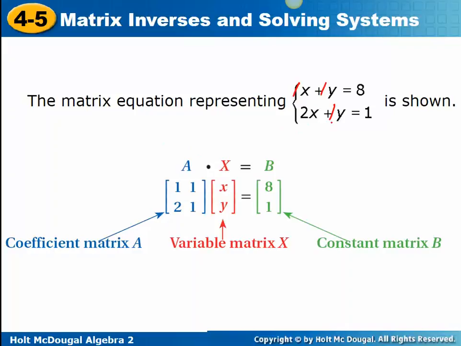If there's no number there, it's a 1. So 1, 1, make sure it's in standard form, x, y, and then the number. And the bottom row would be 2, 1, because 2 for the x and 1 for the y. Then we multiply by our variable matrix, which is x and y, since we have an x and a y in our equations. And then the constant matrix is the number that they're equal to. We're going to use this a lot, so come back to this slide and look at it again if you need to.